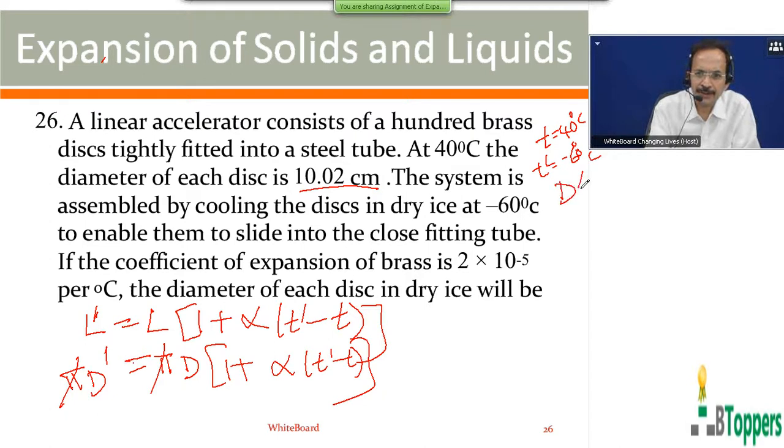So substituting these values, D dash can be written as 10.02 centimeters multiplied by 1 plus alpha, which is 2 into 10 power minus 5 per degree centigrade, times T dash minus T, that is minus 60 degrees centigrade minus 40 degrees centigrade.